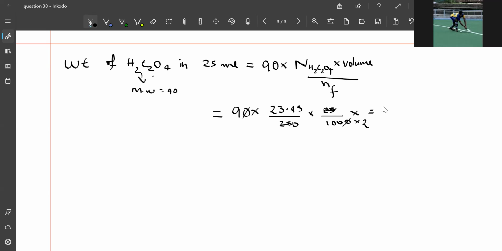You'll get around 1.055 gram. Okay, this is H2C2O4.